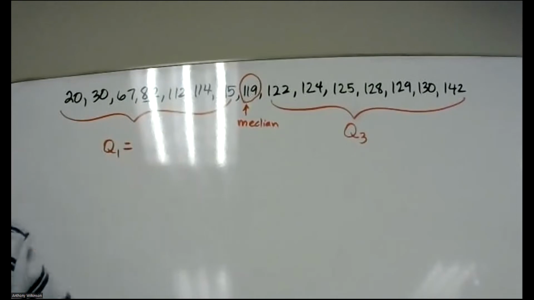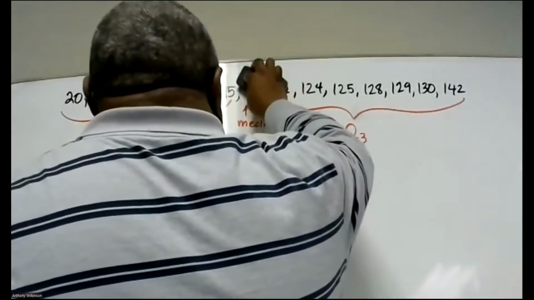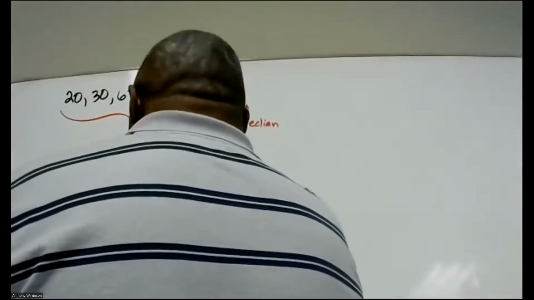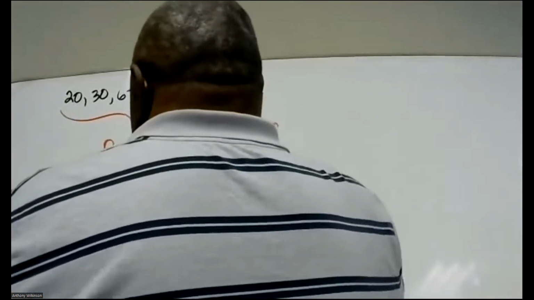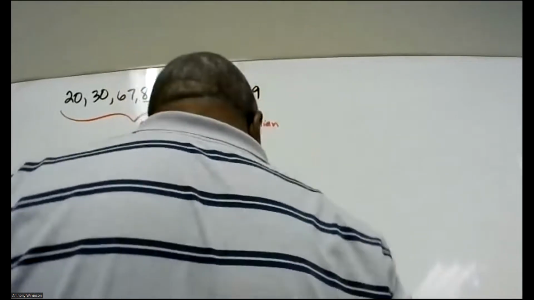You're missing a number, I think, is throwing me off. 120, because see, if I look at that, 119, not... Oh my goodness. Thank you. Sorry. So that's going to mess up everything here. So 119 won't be the median.